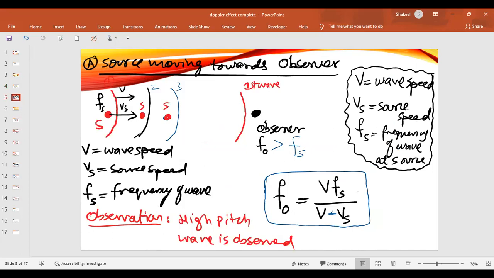Okay, let's move on to the next thing. The next thing is the source moving towards the observer.